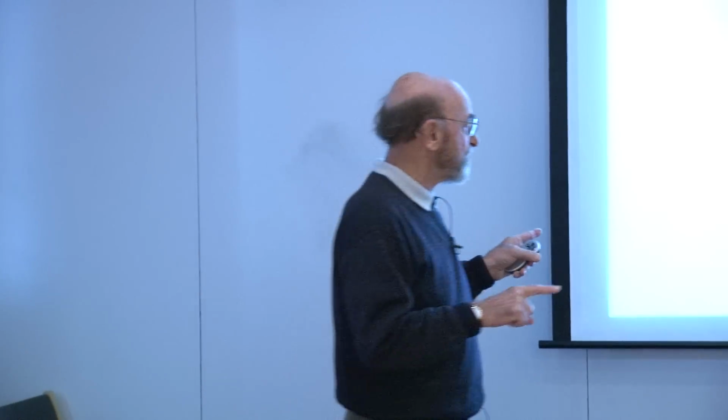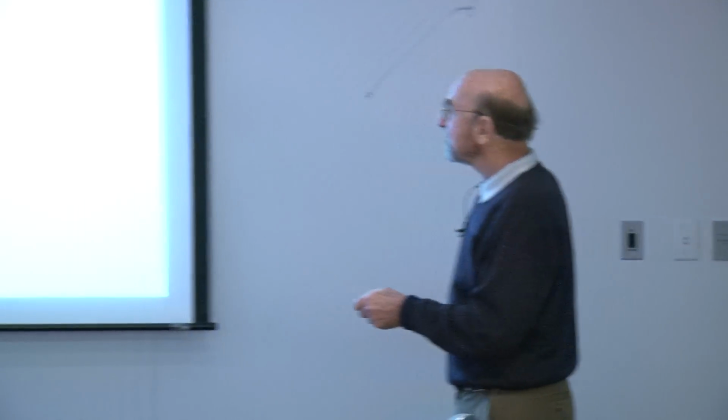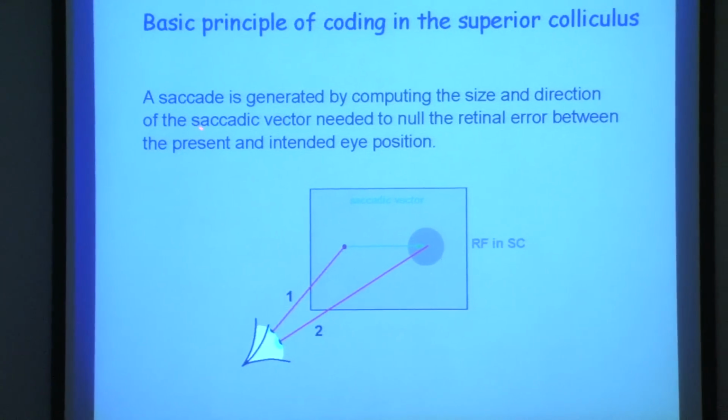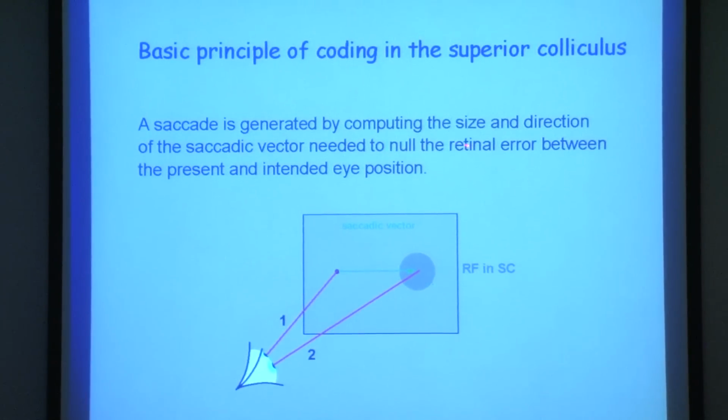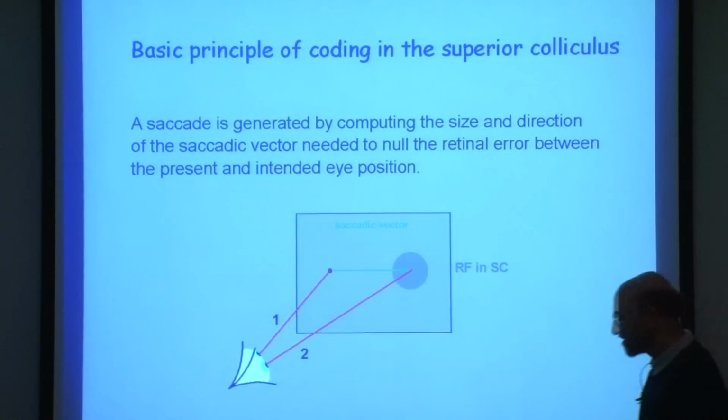Does everybody so far follow the basic principle? Very important to understand the basic principle of the operational characteristics of the superior colliculus. Okay? So again, to repeat, a saccade is generated by computing the size and direction of the saccadic vector needed to null the retinal error between the present and intended eye position.